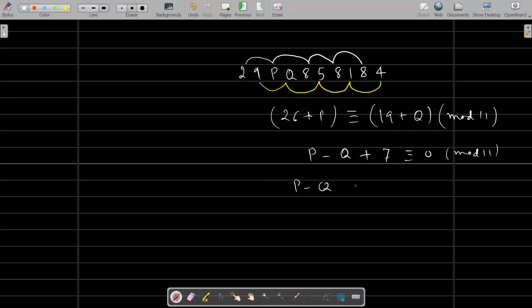So P minus Q could be either minus 7 or 4. It cannot exceed 11, right? Because the difference has to be smaller than 15. If Q is larger, the difference could be negative, and minus 7 plus 7 is 0, or it could be 4. 4 plus 7 is 11.